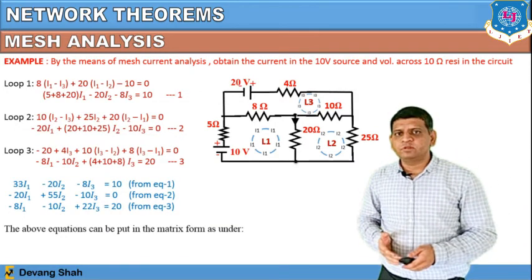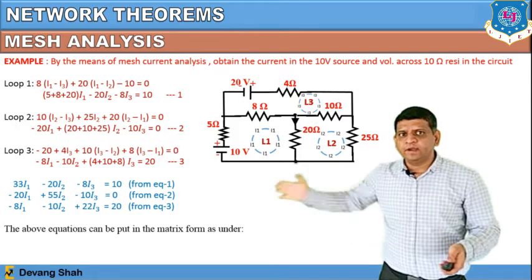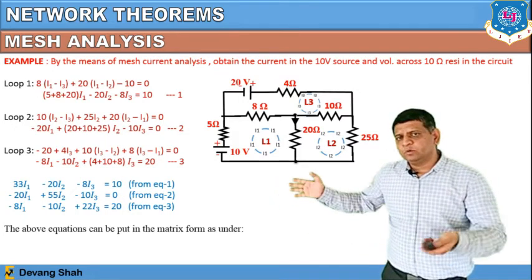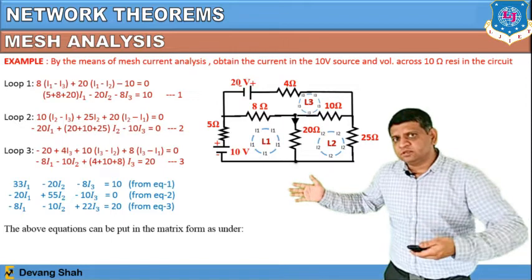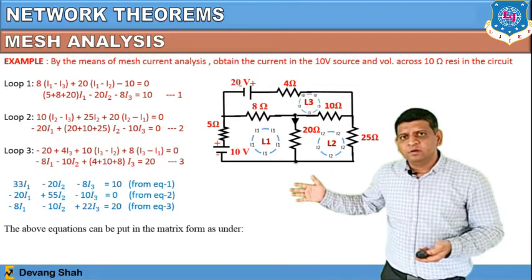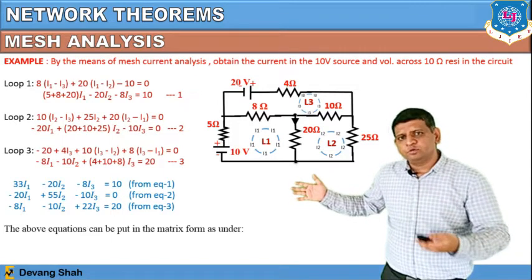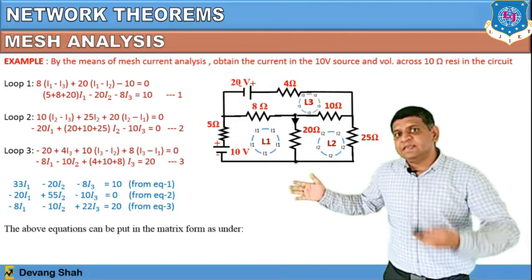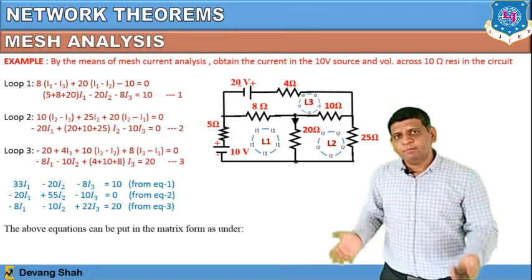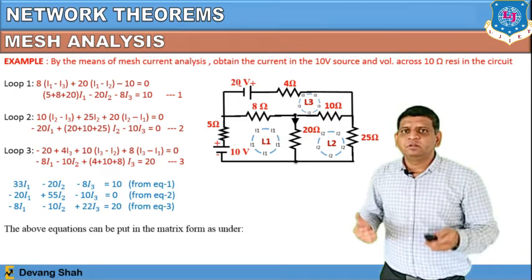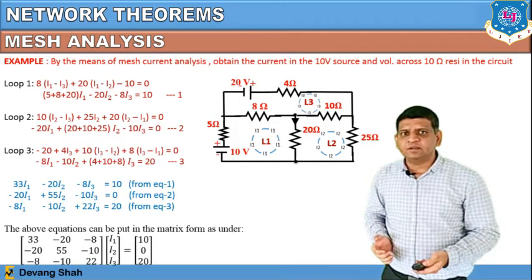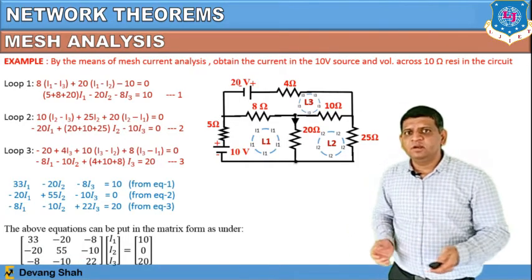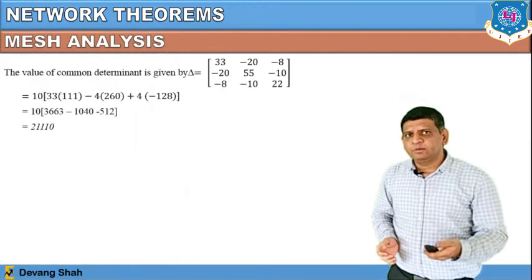You can see from equations number 1, 2 and 3, you will find the complete set of equations. Now in this particular case, if you go for the elimination method, it would be very tough. So what we choose is the easiest method, called Cramer's rule, in matrix form. Once you solve these three equations using the matrix, you find the delta from the matrix.